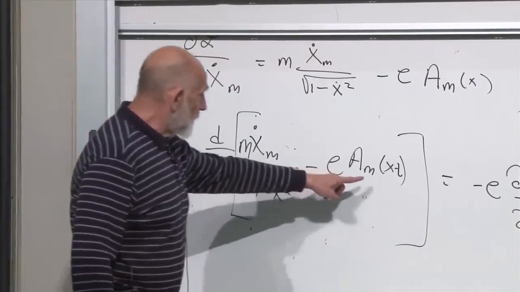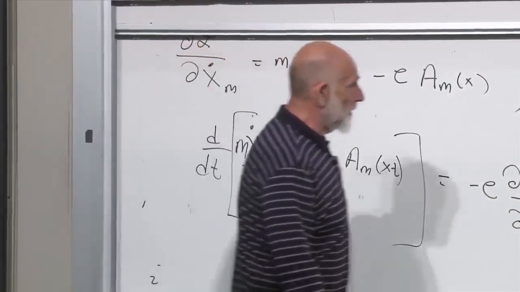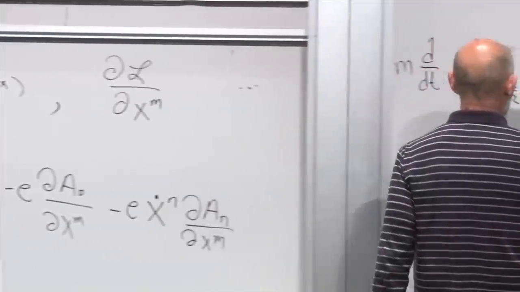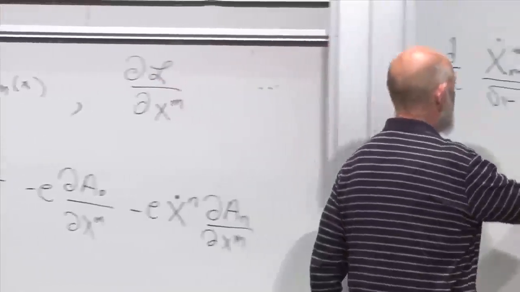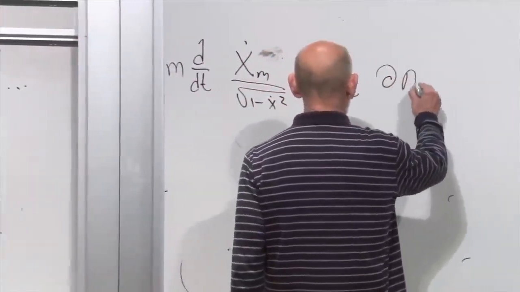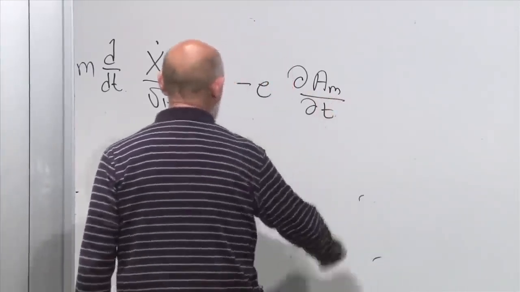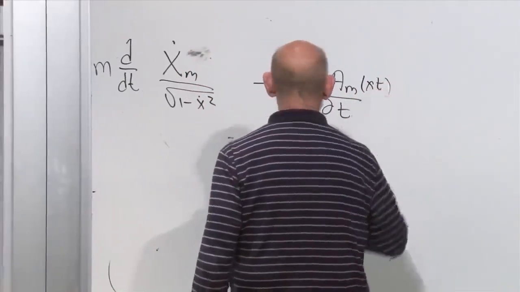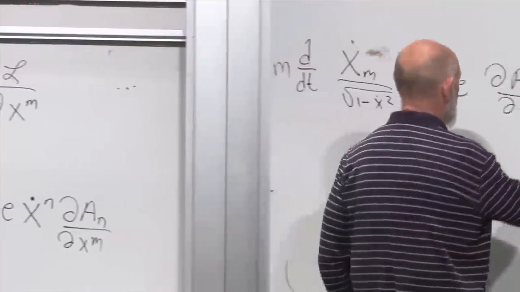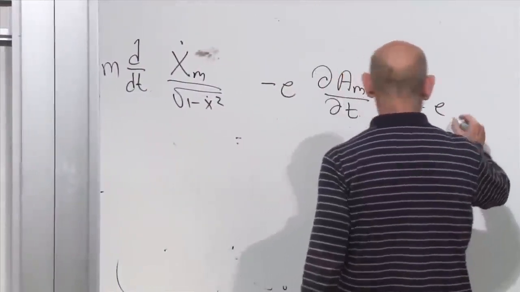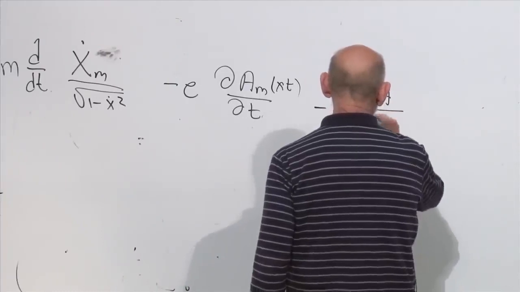So there are two terms when you differentiate a sub m. Let's see what they are. There's minus e, and the first term is just the explicit derivative of am with respect to t, am of x and t. But then there's another term, and the other term is minus e times the change in a when x changes.